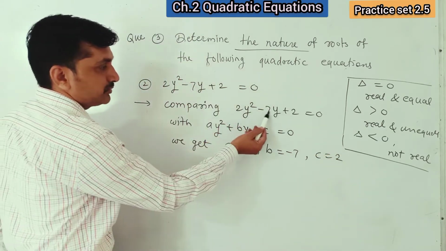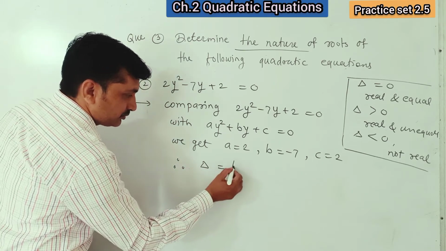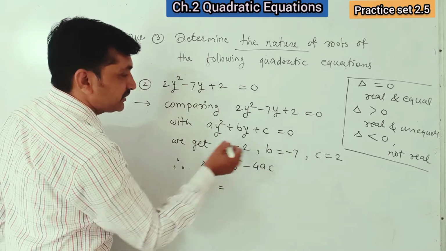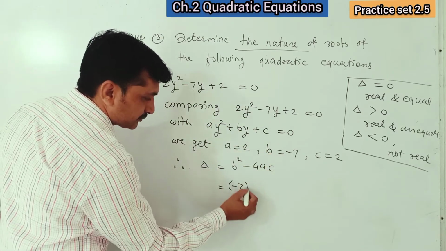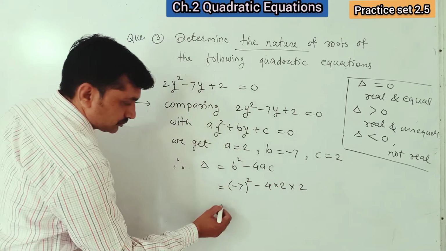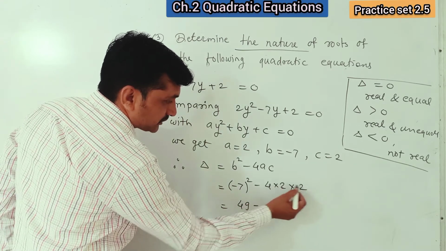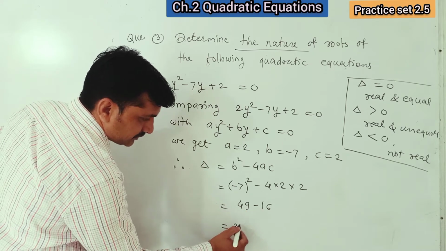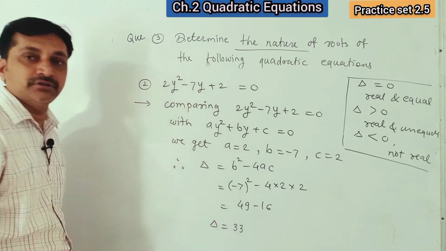See, a, b, c. Therefore delta is equal to b square minus 4ac. What is b value? We got here minus 7. Minus 7 bracket square minus 4 multiplied by 2 multiplied by 2. Minus 7 square 49 minus 4 2s are 8, 8 2s are 16. What is subtraction here now? 33. Delta value we got 33, right?